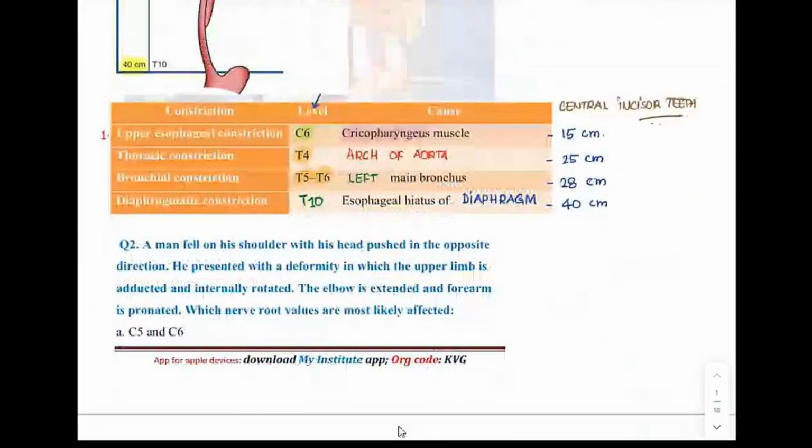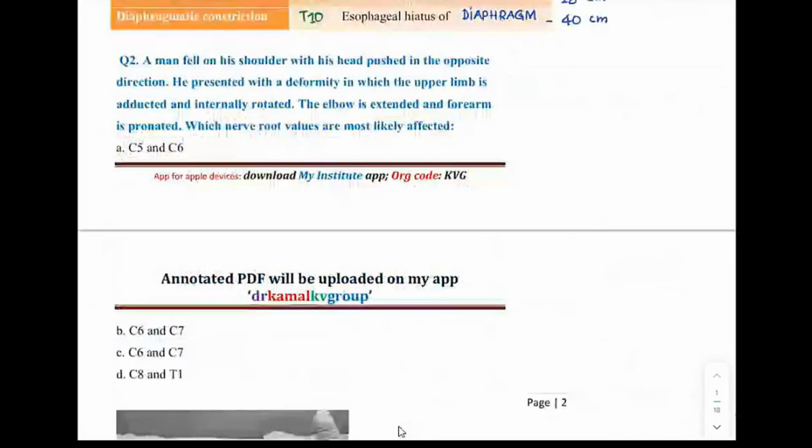Then moving forward to the next question, where a man fell down on his shoulder and the head was pushed towards the opposite direction, and after that he had a deformity where the upper limb was adducted and internally rotated, the elbow was extended, and the forearm was pronated. Now, which nerve roots are most likely affected here?